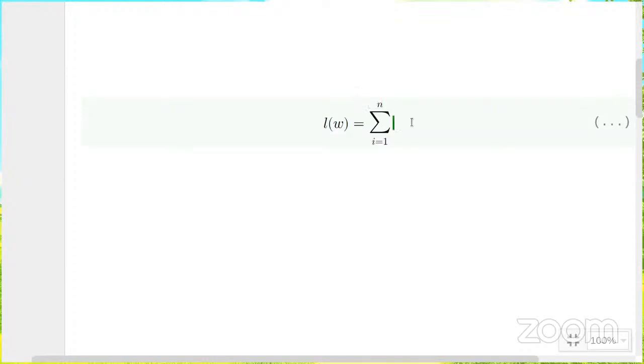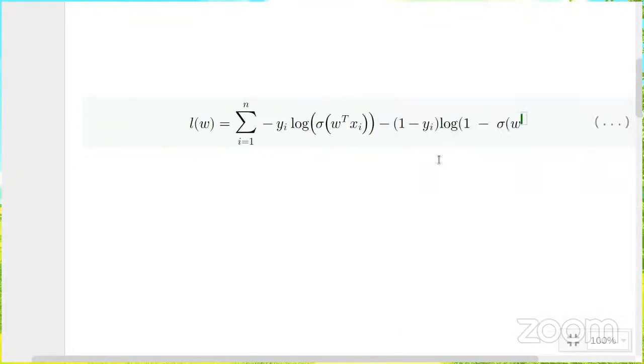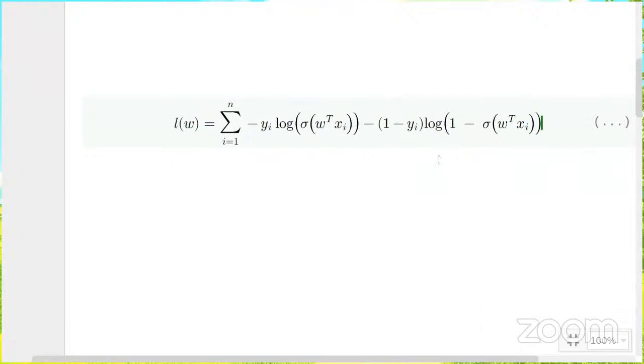This is the sum over i equal to 1 to n of minus yi, the label of the ith example, times log of sigma of w transpose xi, minus 1 minus yi times log of 1 minus sigma of w transpose xi. So this is the expression.